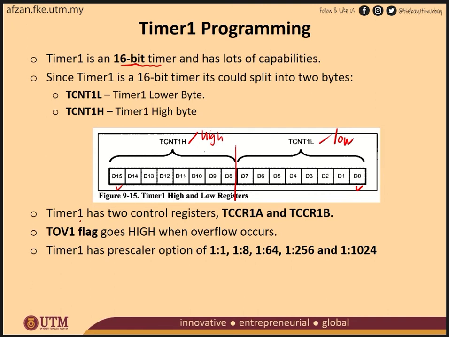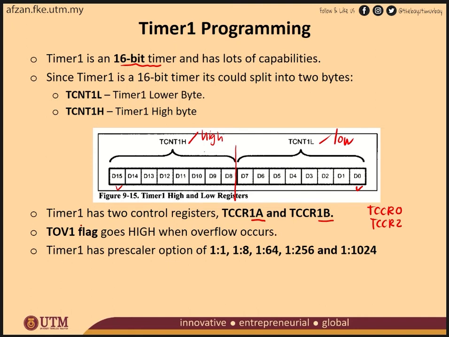And this timer 1 has two control registers, which are TCCR1A and TCCR1B. In the previous timer 0 and timer 2, you only have TCCR0 and TCCR2. But for timer 1, since this is a 16-bit timer, you have two control register settings, which are TCCR1A and TCCR1B. For timer 1, you only have the TOV1 flag when you're doing normal mode timer programming.